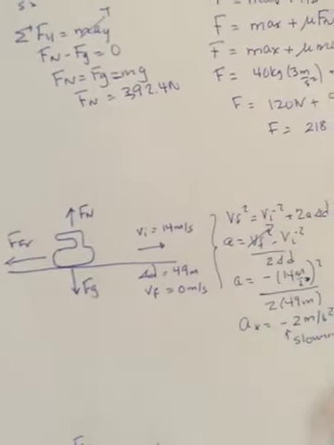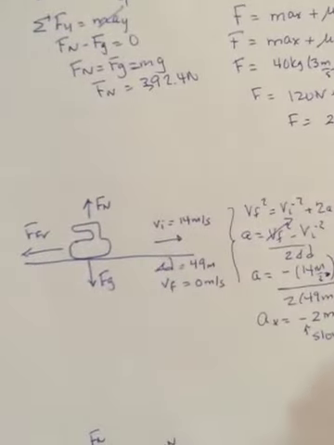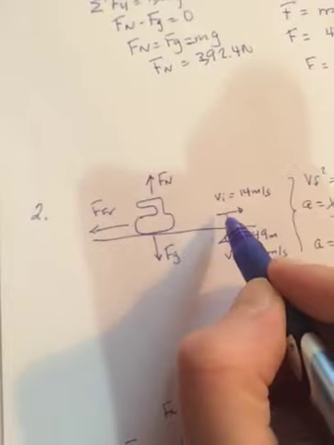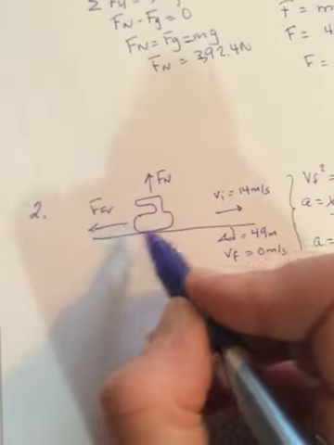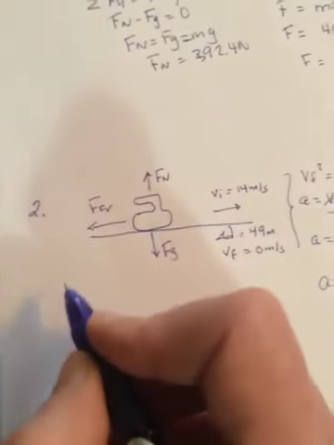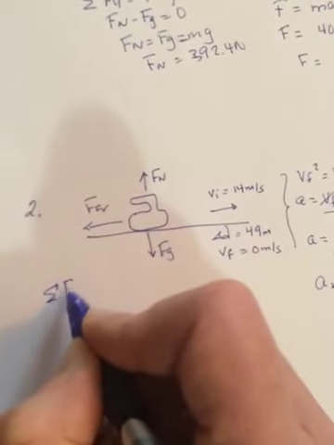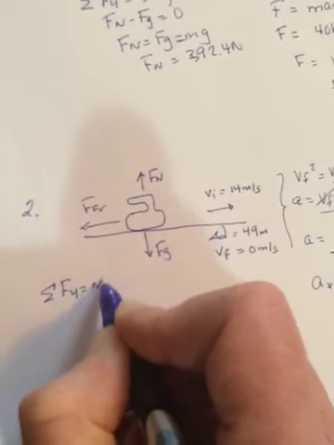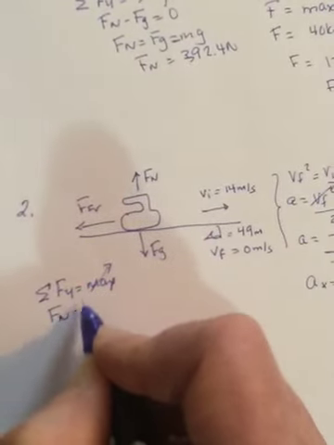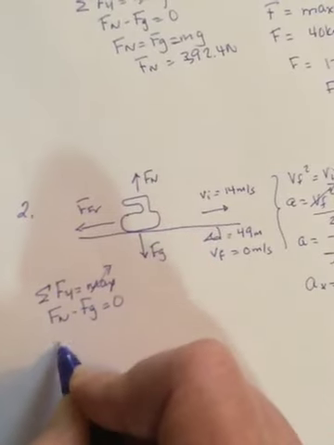All right, so then we go and we look at the forces here. So there's no forward force once you let the curling stone go. The only thing that's stopping it is friction, okay? And of course, in the y direction, there's Fn and Fg. So we'll end up with Fn minus Fg equals 0.